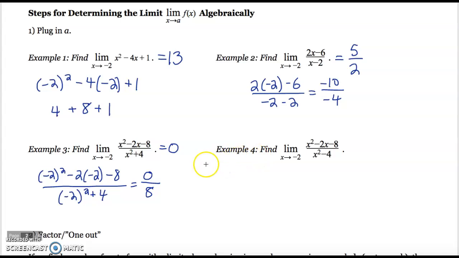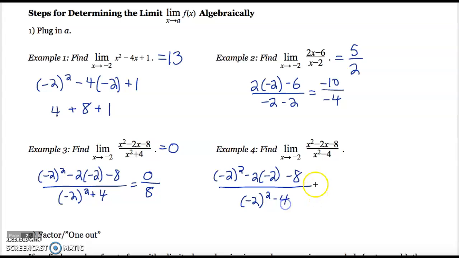This looks very similar, and you're going to see one difference that happens when we try to plug in -2 here. On the top, we have exactly the same equation. So I have -2 squared minus 2 times -2 minus 8. That ends up getting me a 0 on the top, just like it did in our previous example.